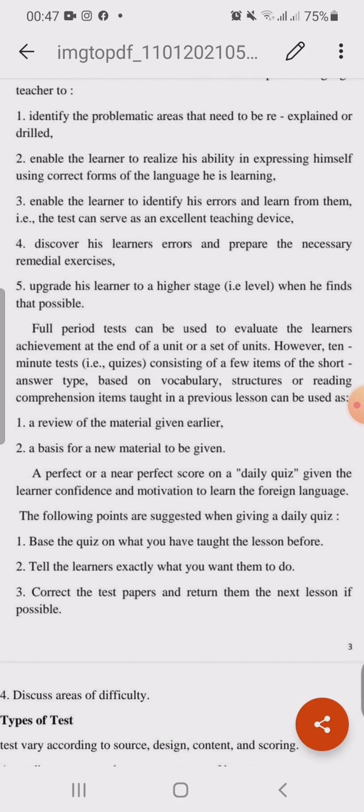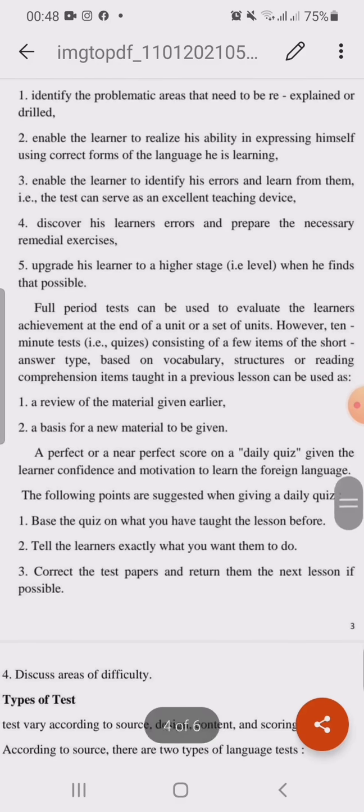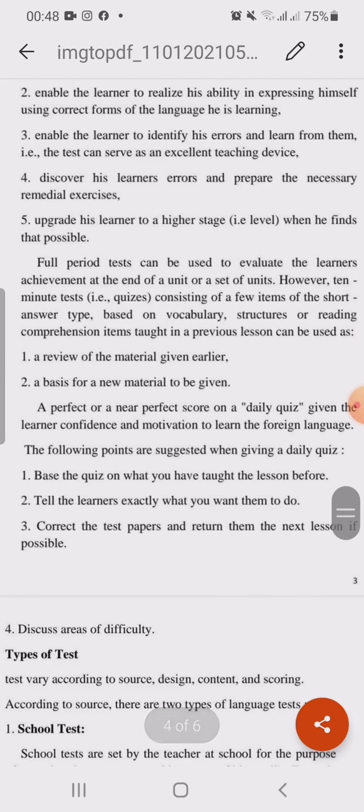Number 3, enable the learner to identify his errors and learn from them، يعني تمكين المتعلم من تشخيص أخطائه والتعلم منها. That's to say the tests can serve as an excellent teaching device، يعني الاختبار ممكن يكون وسيلة جيدة أي ممتازة لهذه العملية.